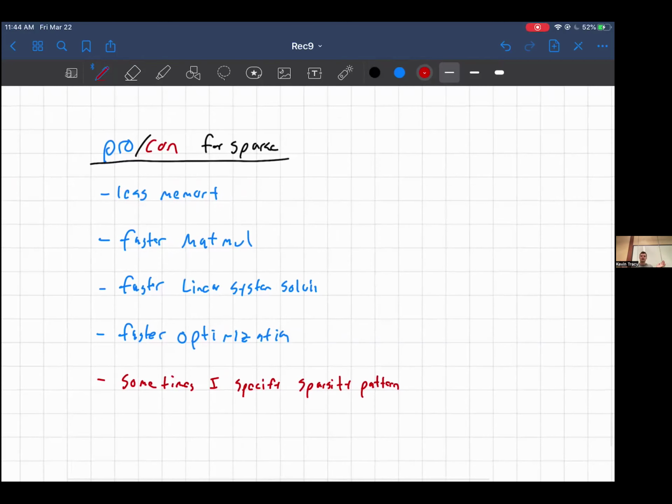So it's better in every way if it's very sparse, but now I have a sparsity pattern. And there are certain languages where that sparsity pattern can't change. Julia is nice and very easy to use, and it lets us change this sparsity pattern on the fly. But in general, we can't really do this.